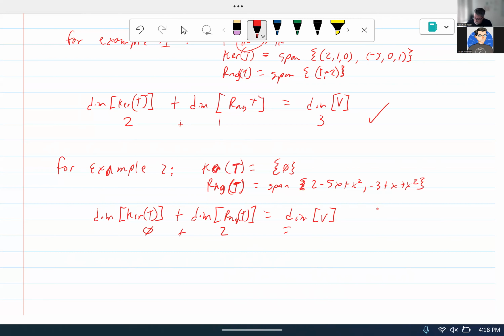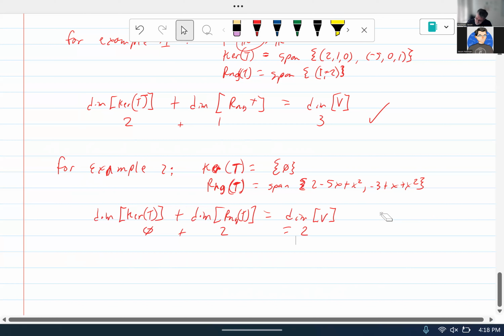And so the dimension of V, well, it's P1(R), right? And what did we say the dimension of P_n was? It was n plus 1, always one more than the subscript, because we always have that constant term. So P1 has dimension 2, and the dimension of V is 2.